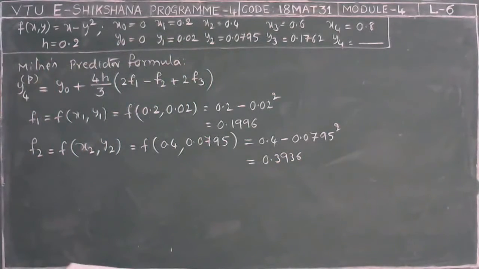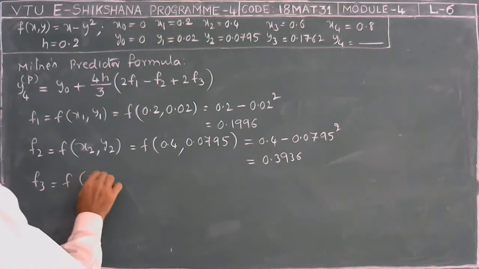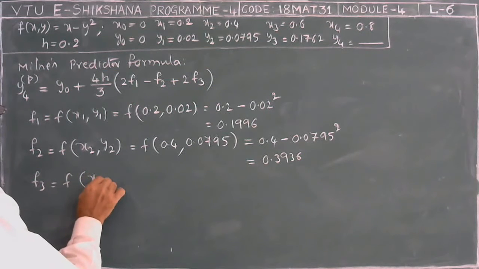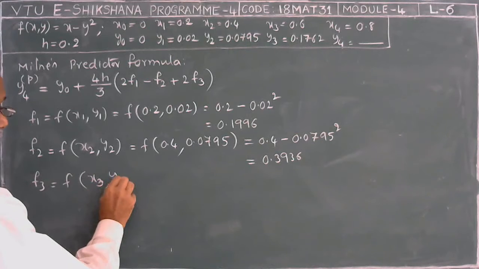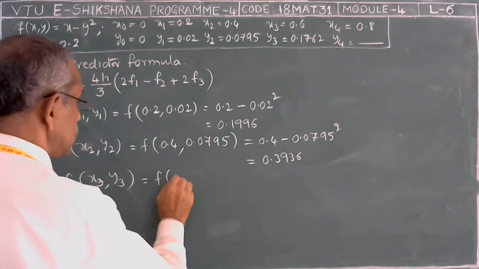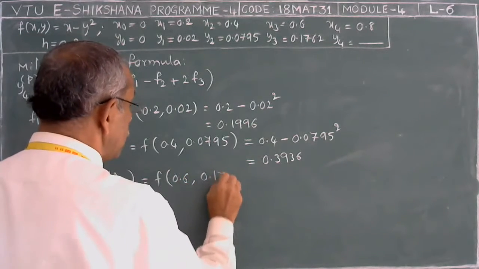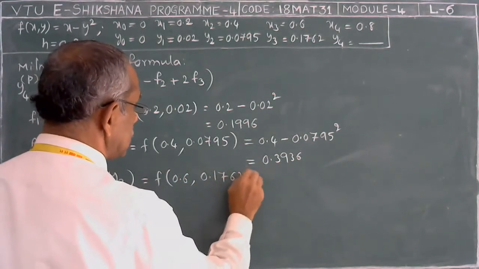Then F3 is f of x3 comma y3, which is f of 0.6 comma 0.1762.